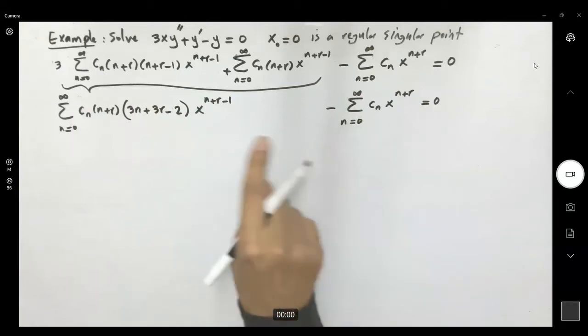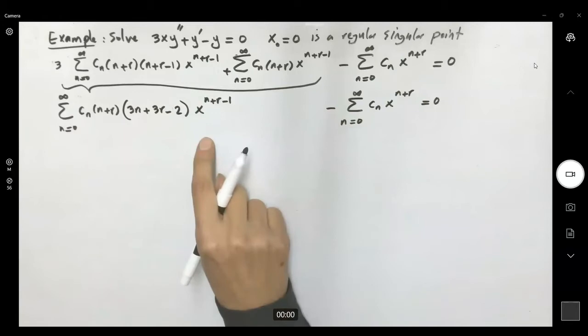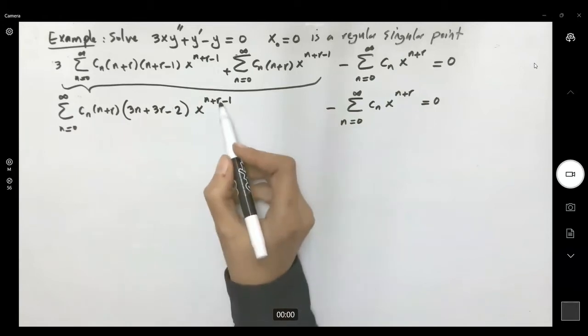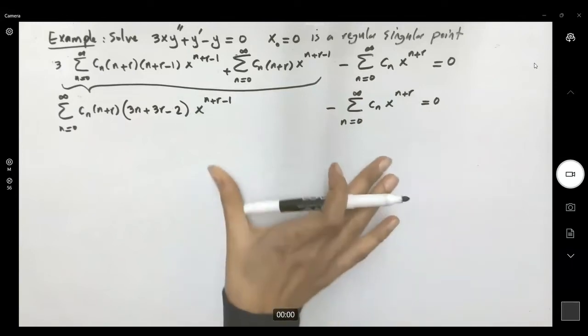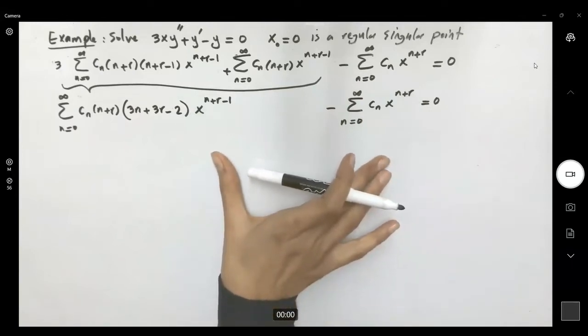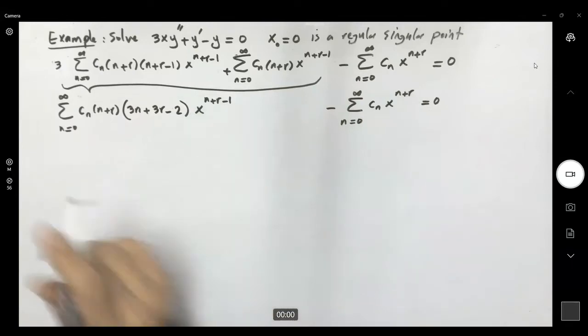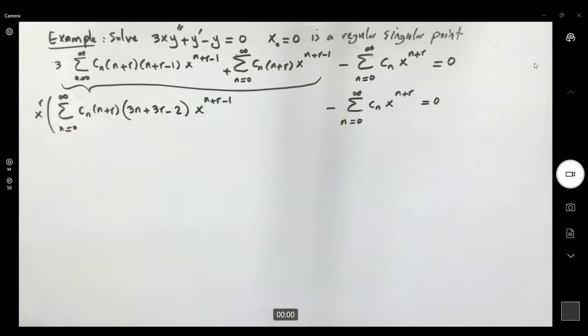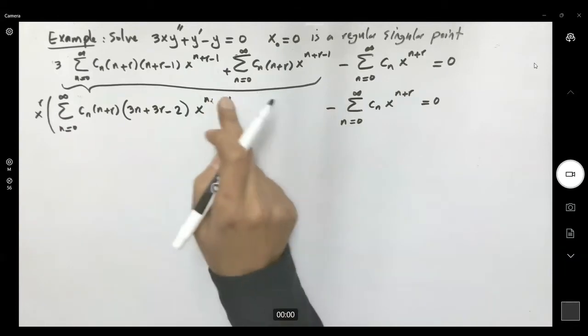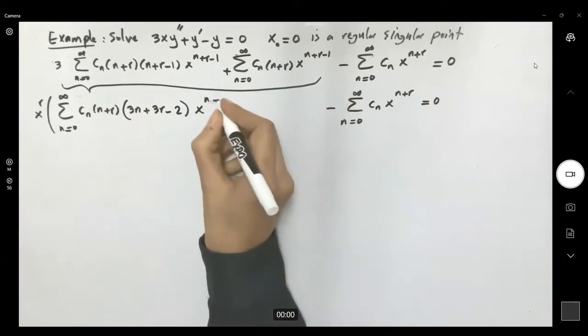We do the subtraction between these two series, but before doing that, first of all, factor out x to power r. Try to make it a little bit simpler. So this becomes x to power r, and this becomes x to power n minus 1.